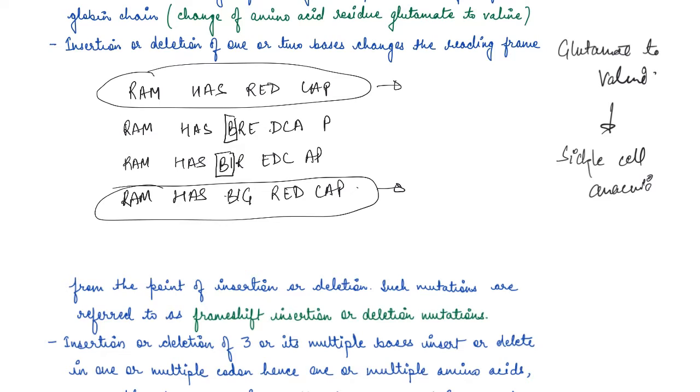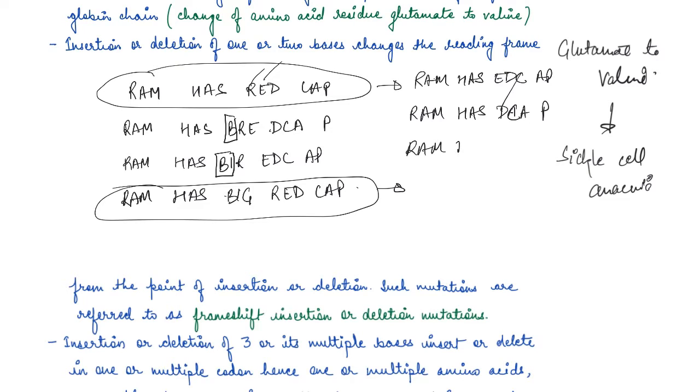In the same way, we can even see deletions as well. Now, say if I keep on deleting things, if I delete R first, it will be Ram has EDCAP. So basically I've deleted R. Now I'll delete RE as well. It will be Ram has DCAP. I'll delete red as well.